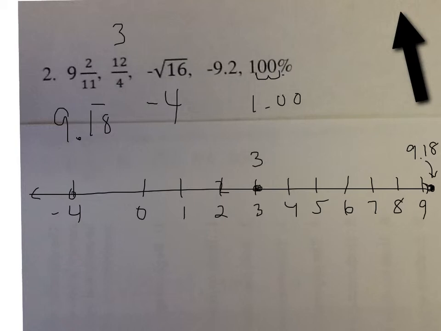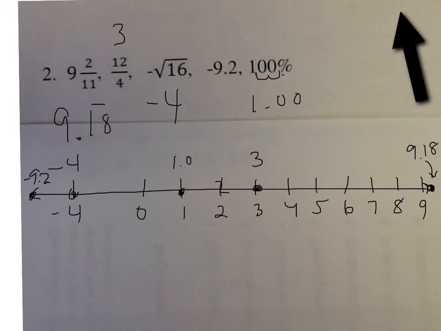Negative 4 is going to be directly on negative 4. Negative 9.2, ooh, that's going to be way past negative 4, so I'm going to put it down here. Now, I didn't even make my number line quite long enough, but you can know that negative 9.2 is going to be farther to the left than negative 4. And then 100% is exactly 1.